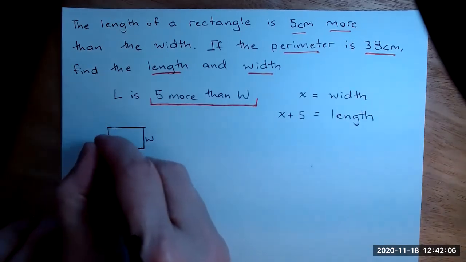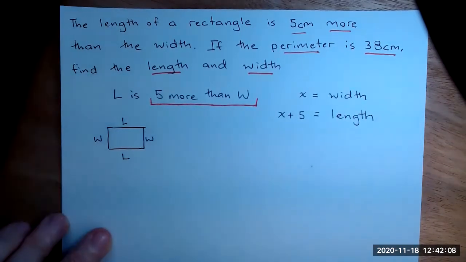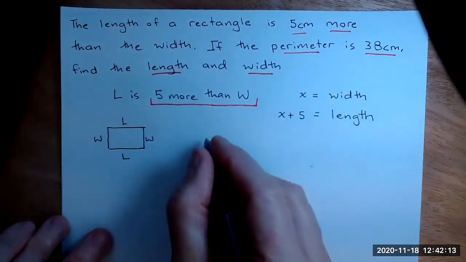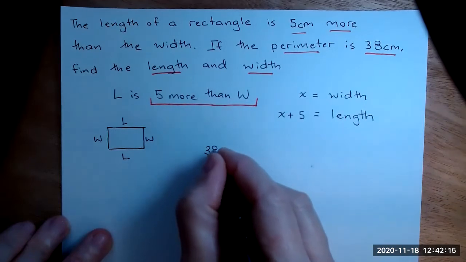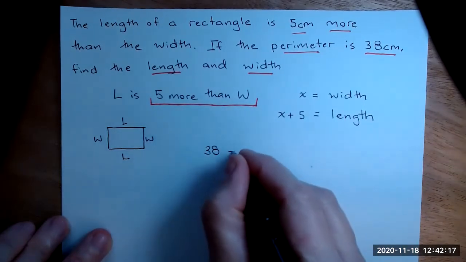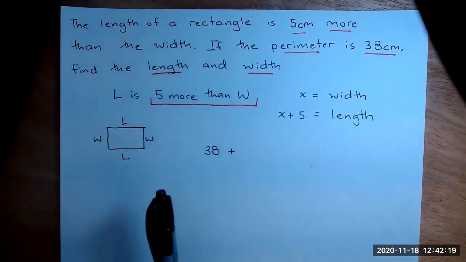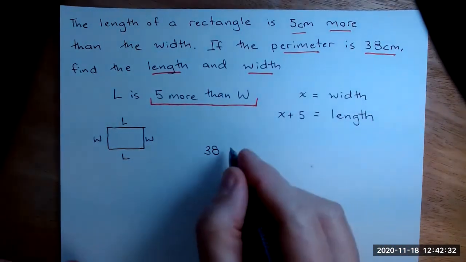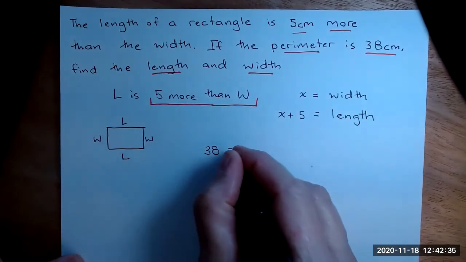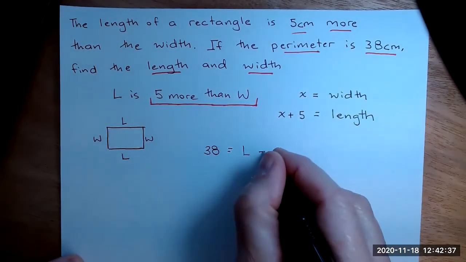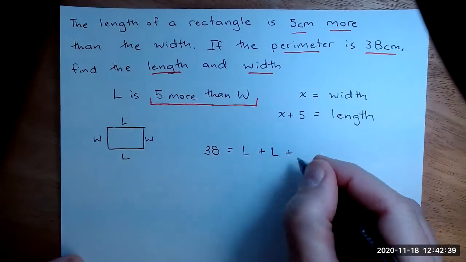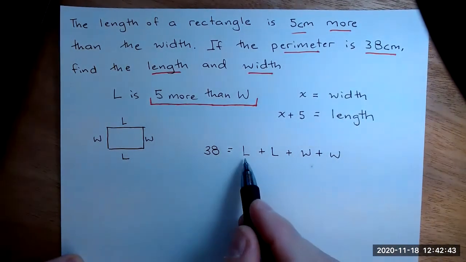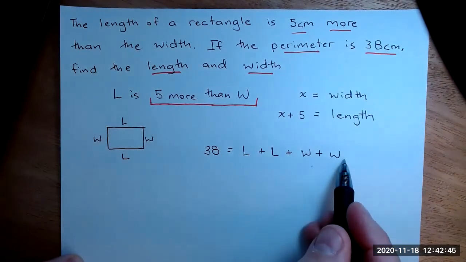So you're basically adding up the width and the length, and then the length and the width, and that's equal to 38. So 38 is the length plus the length plus the width plus the width, or the sum of all four sides.